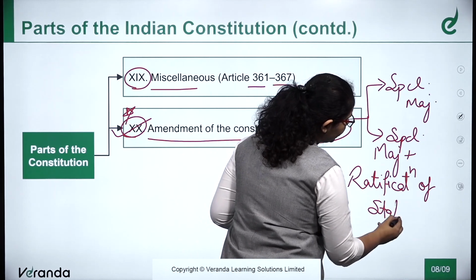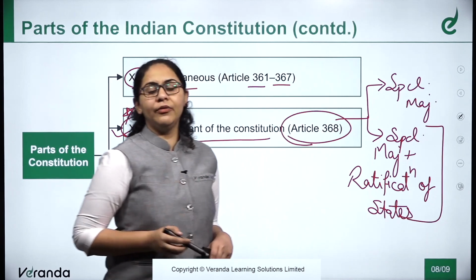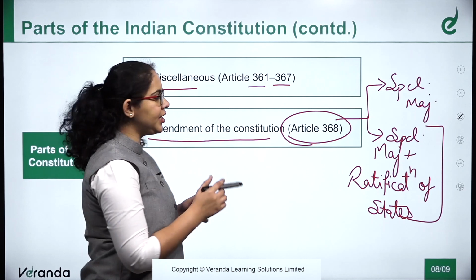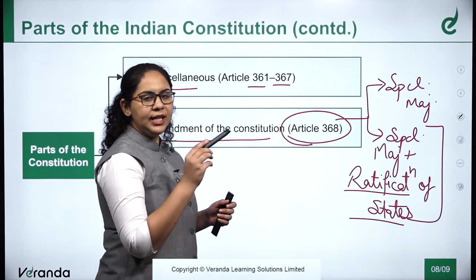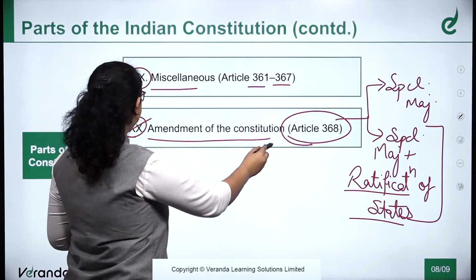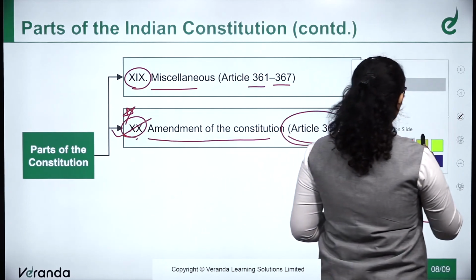These are all the provisions which are going to affect the federal structure of Indian polity. That is why the ratification of states is required for amending these provisions. There are two types of amendments under Article 368, that is Part 20. We will move ahead.